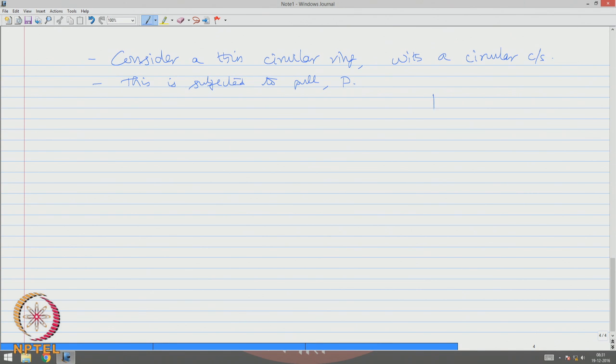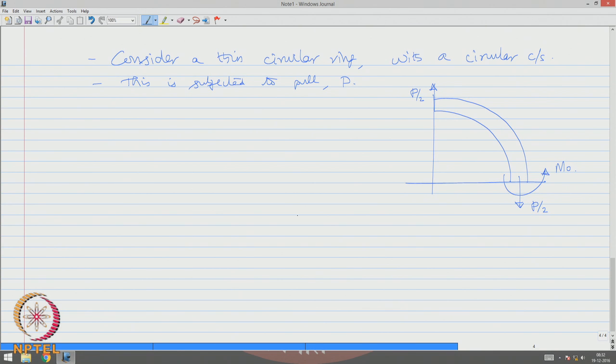Let us say it is subjected to MO. There is a force, as we just now saw, P by 2 acting here. To maintain the equilibrium, P by 2 is acting here.